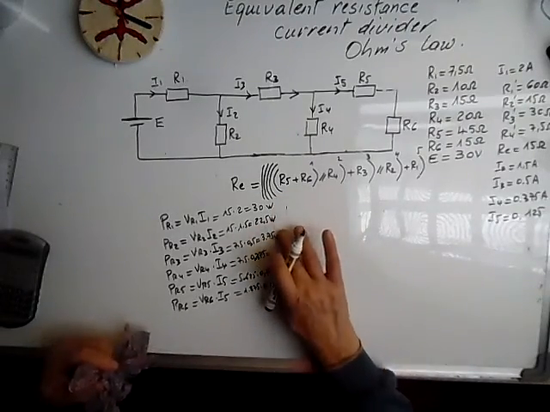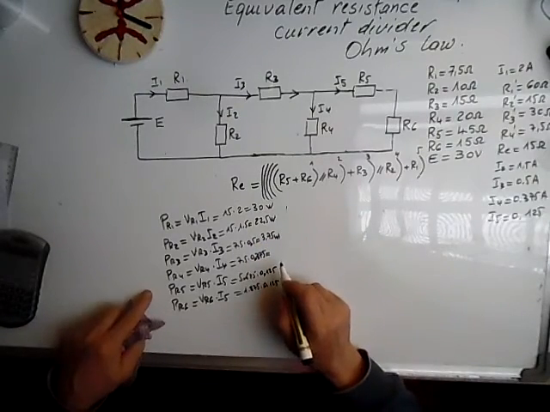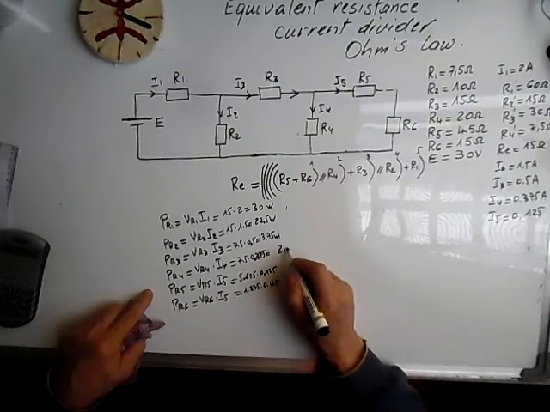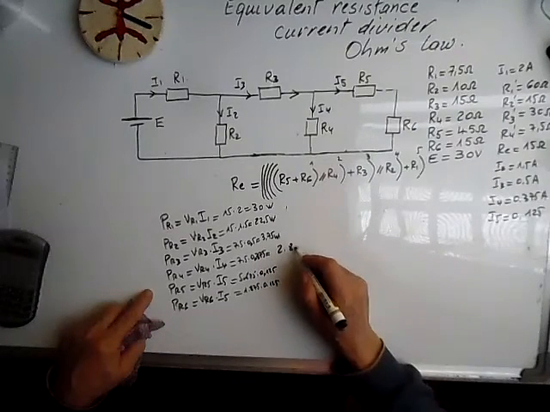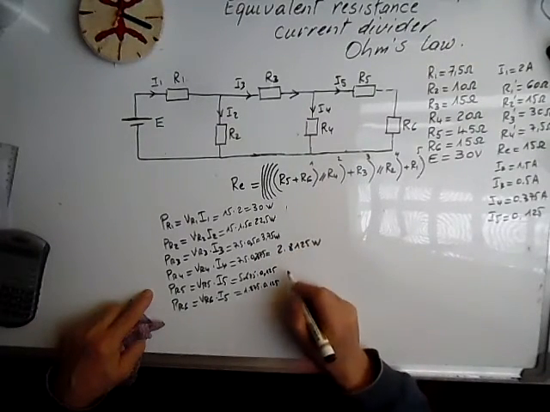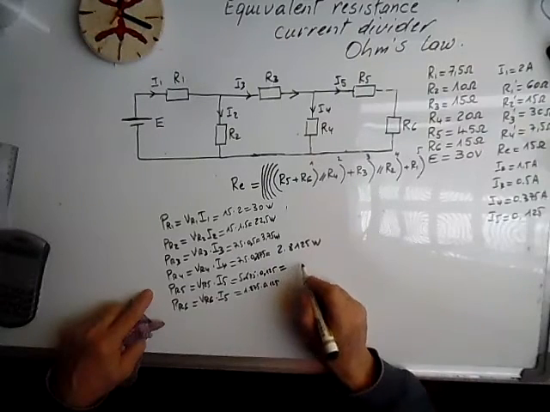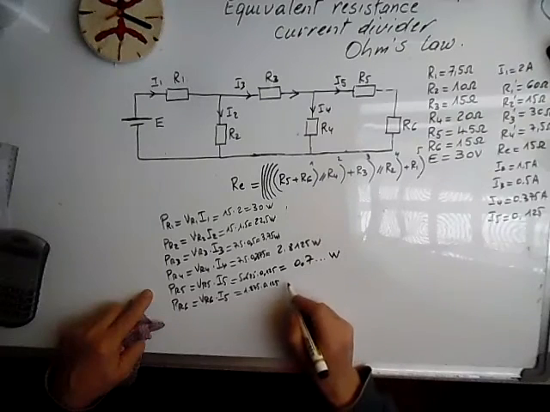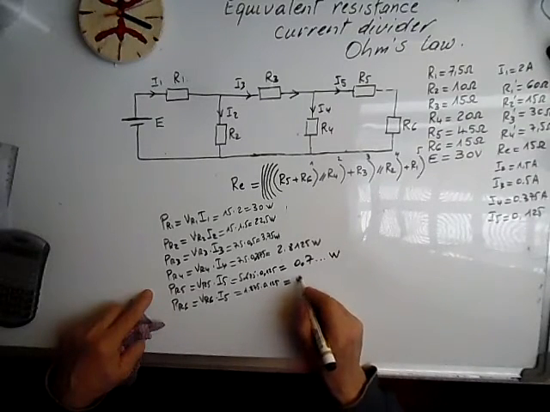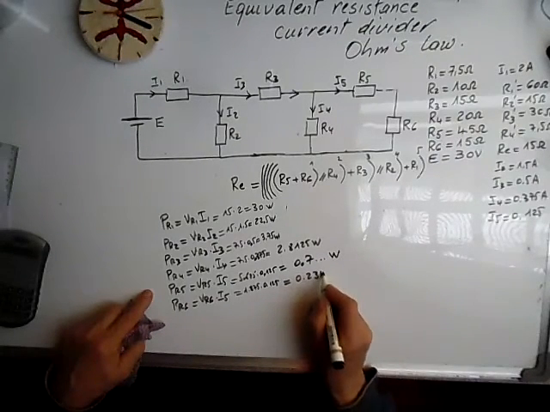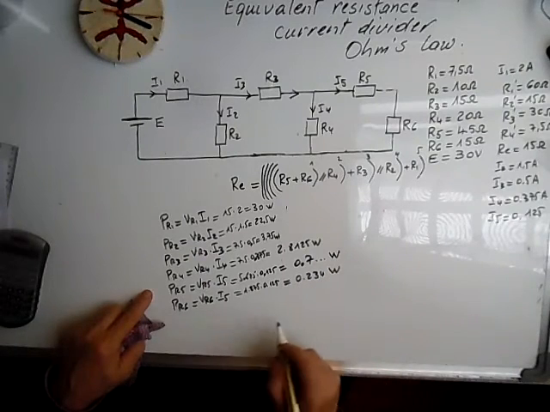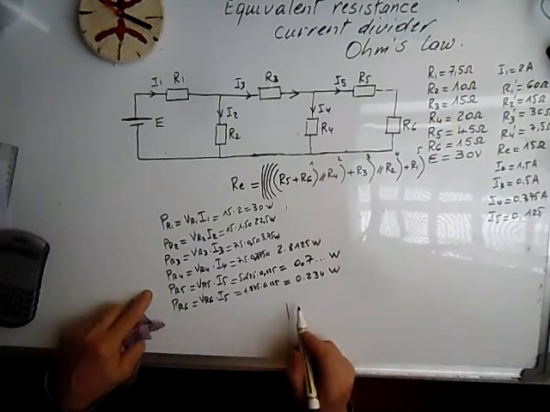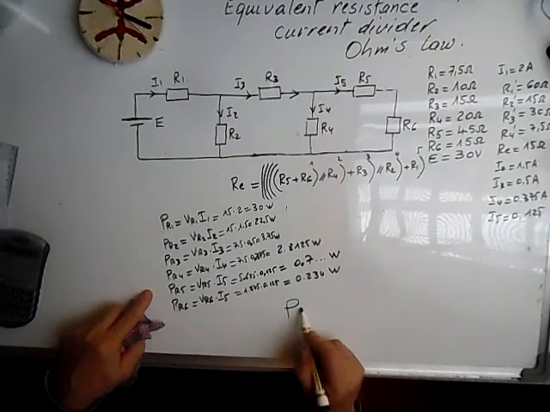Okay, here the result is PR4 equal to 2.8125 watts. Here it's 0.7 watts, and here it's 0.234 watts. We can calculate the main power delivered by the generator.